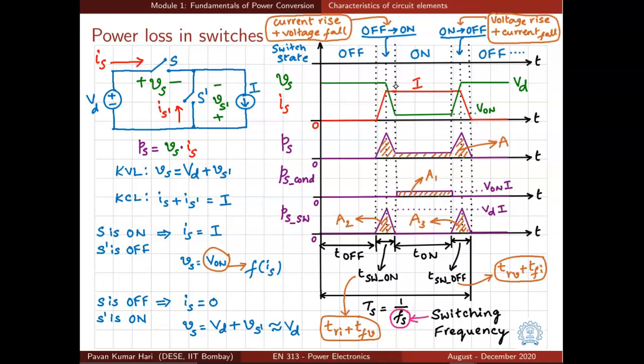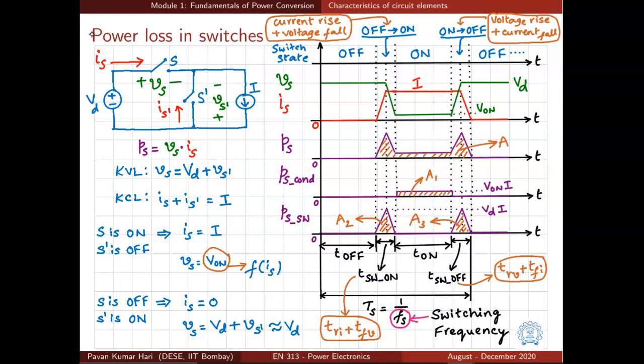In fact, the voltage fall interval starts after the current rise is over. Why? The voltage across the switch Vs has to be Vd as long as Is bar is finite, and Is bar will be finite as long as Is is rising and is not equal to I. So that is the difference between the earlier example and this example.